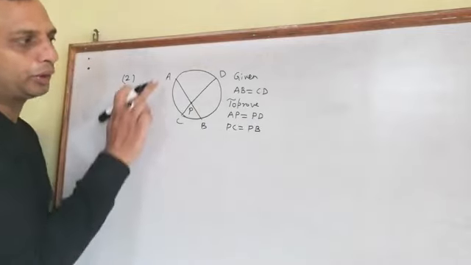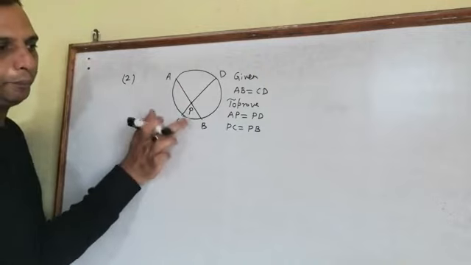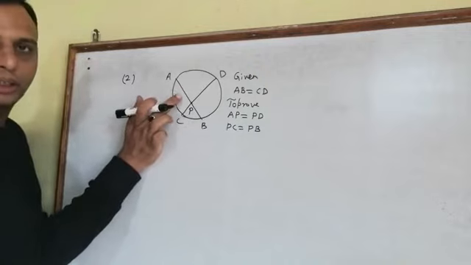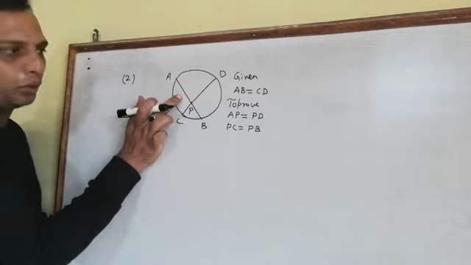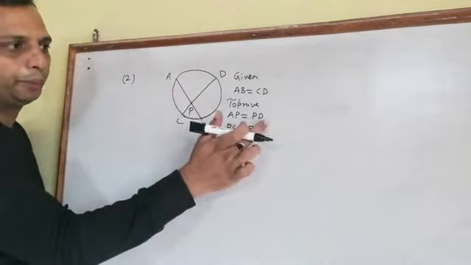I hope you understood, because the AB chord is divided into two parts at P, AP and PB. AP equal to PD we have to prove.